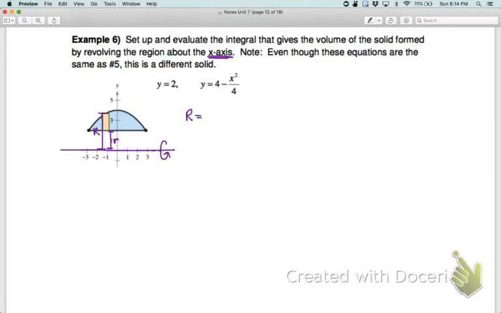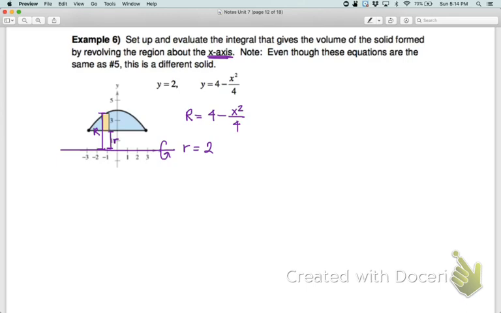That's all the way from the graph down to the x-axis. So that's 4 minus x squared over 4. Little r is just going to be 2 because this horizontal line y equals 2 is always going to be the top. So that little distance r there is always going to be 2.